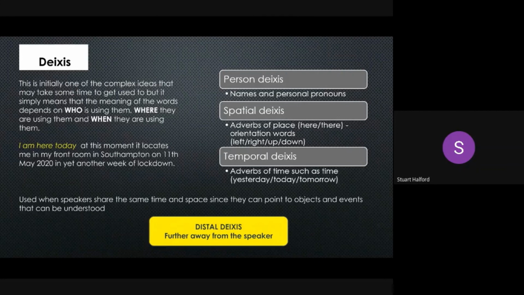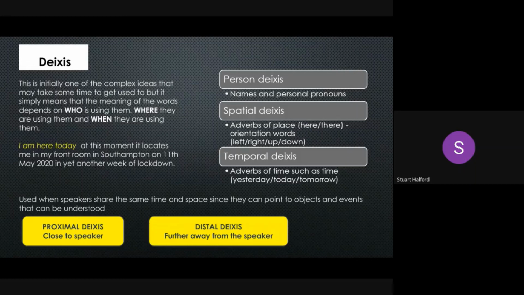And quite often, deixis are used when speakers are sharing the same time and space, since they can point to objects and events that can be understood because the person understands the context, they're there with them. We've got two ideas here. We've got proximal deixis, where events, things are close to the speaker. They're referring to things in the immediate vicinity, time-wise or spatial-wise.